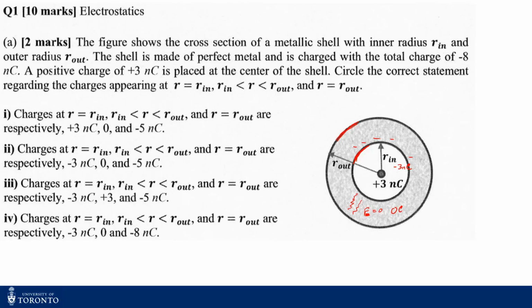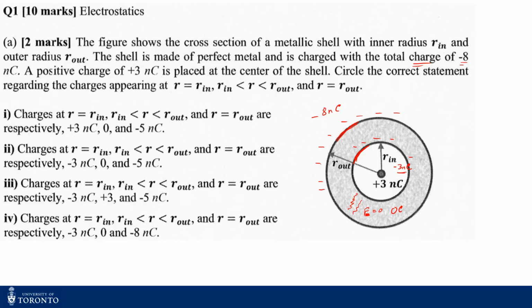And on the outer surface, initially you see the shell was charged with minus 8 nanocoulomb, and this will be distributed on the outer surface. So in the outer surface, you started with minus 8 nanocoulomb, but because of this positive charge, there is an induced negative charge on the inner surface of minus 3 nanocoulomb.